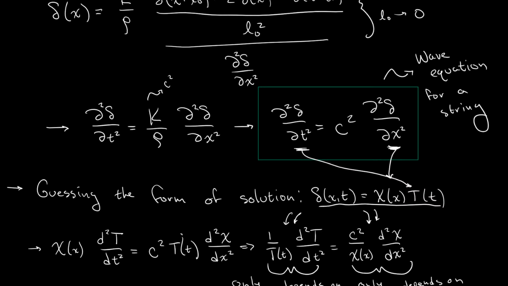Now with light, you can't do that because there's no unique reference frame where you can say the vacuum is stationary. Everyone sees the vacuum as stationary. So the conclusion is that the speed of light has to be the same for everyone.